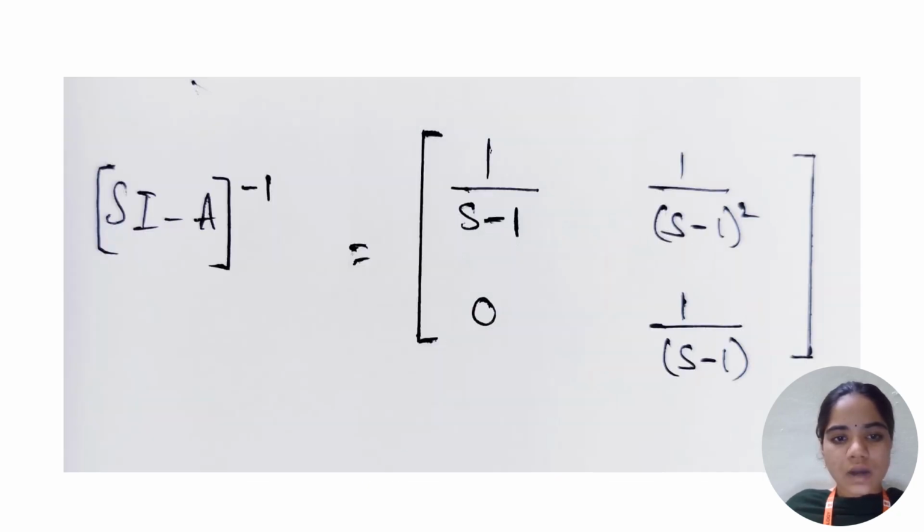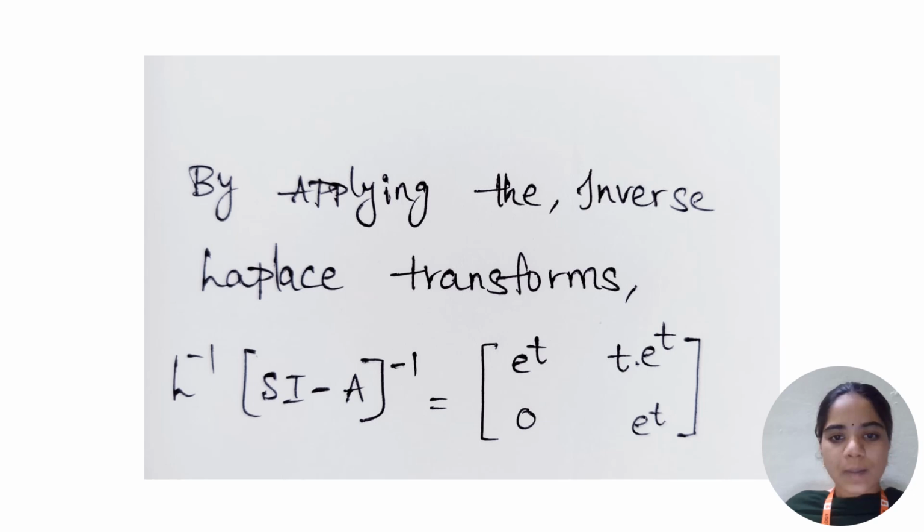(sI minus A) whole inverse equals, in the previous slide we cancelled the numerator and denominator same factors, that is S minus 1, so we get [1 by S minus 1, 0; 1 by (S minus 1) whole square, 1 by S minus 1]. By applying the inverse Laplace transform, we get the final value of the state transition matrix.